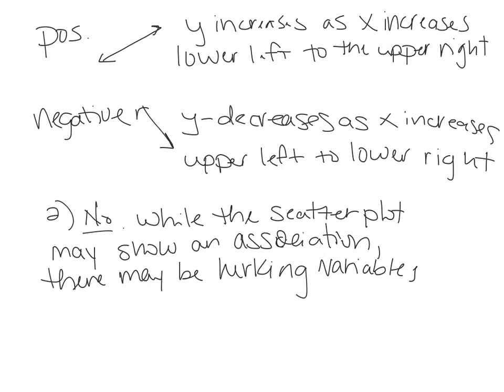So that means that we cannot conclude that there is a direct cause. So we have to think about what lurking variables there are that could have possibly contributed to the association.